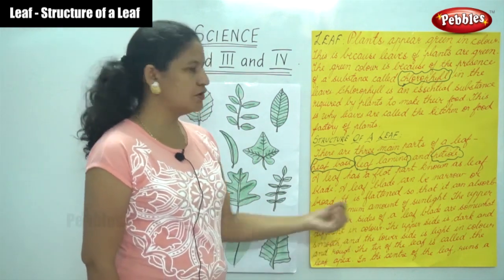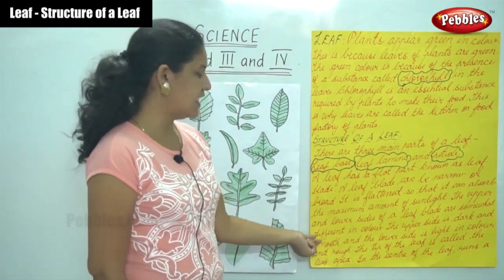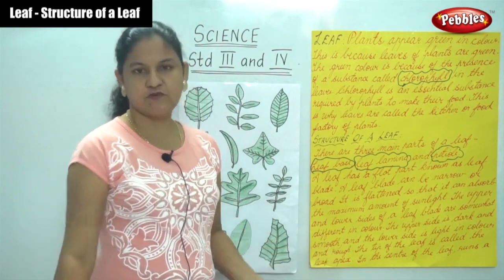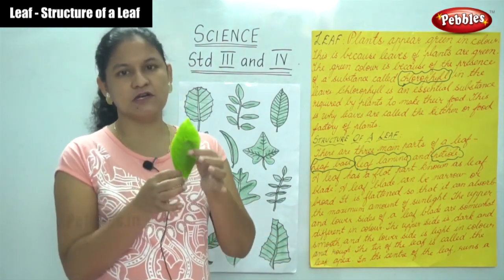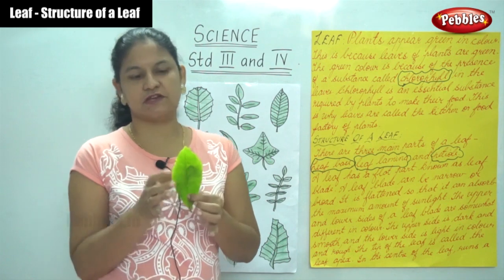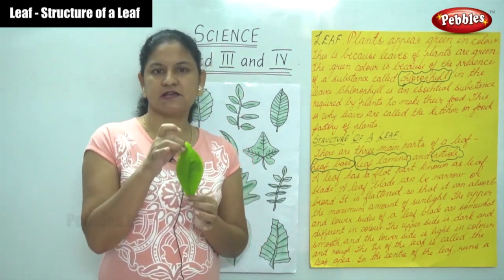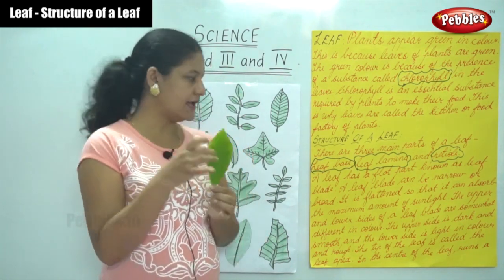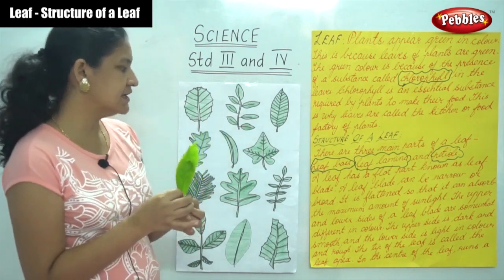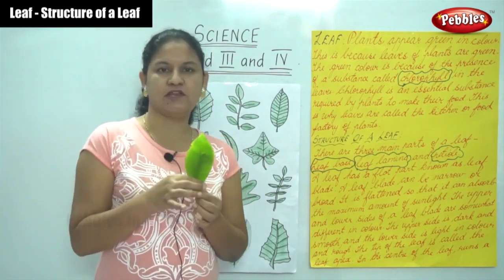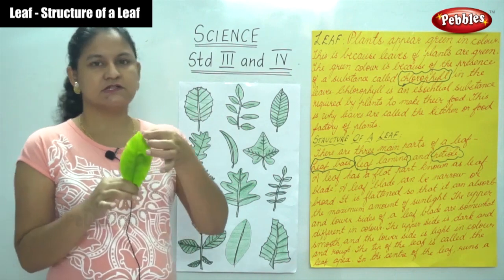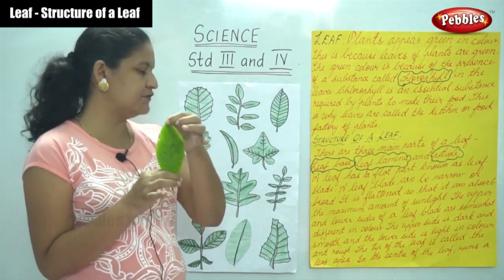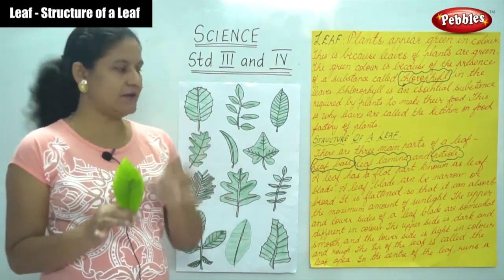The upper part is dark in color and smooth, and the lower part is light in color and very rough. The tip of the leaf is called the leaf apex.